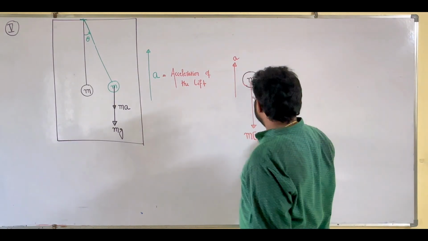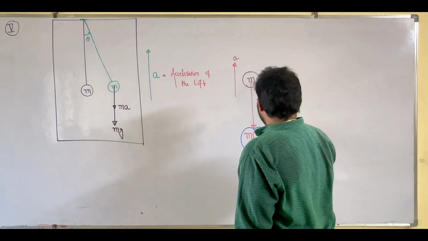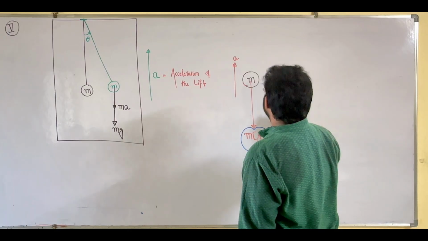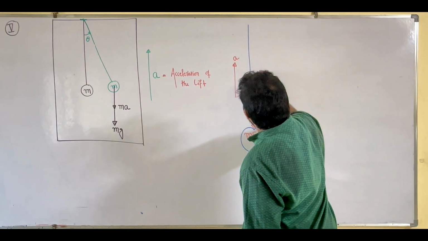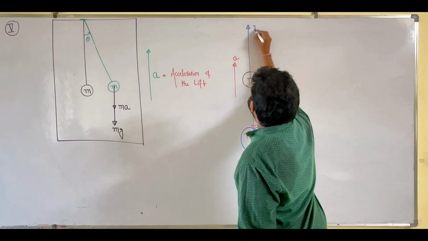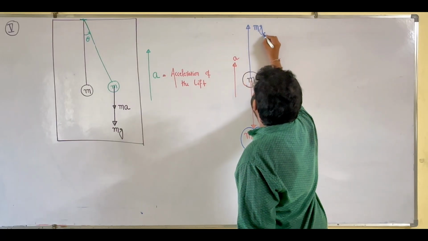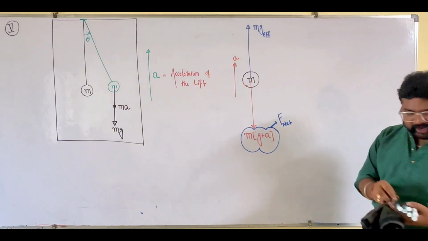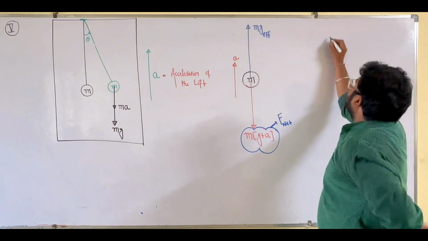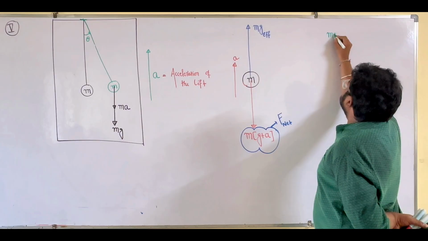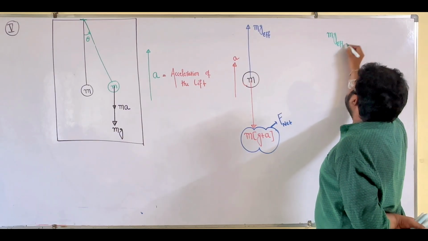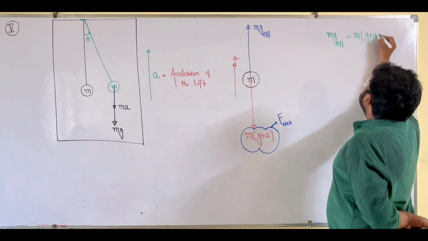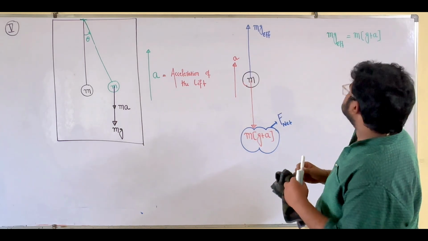This is the F net, the net force acting on this, and it is balanced by Mg effective. What is Mg effective equal to? M into G plus A. M gets cancelled out, so G effective.